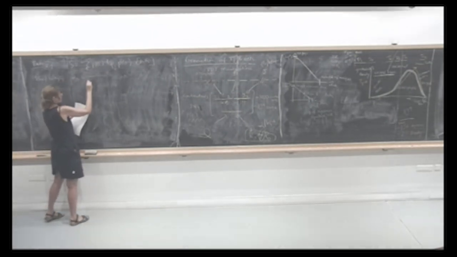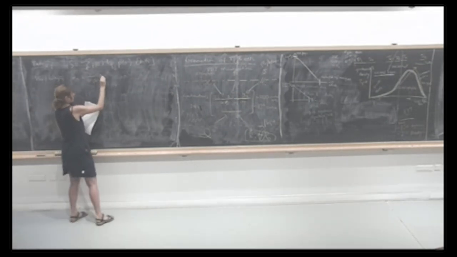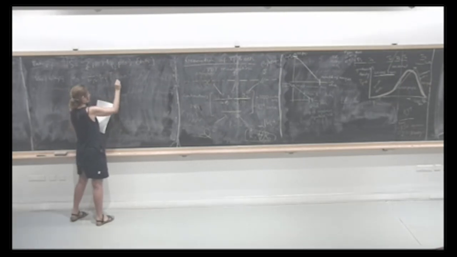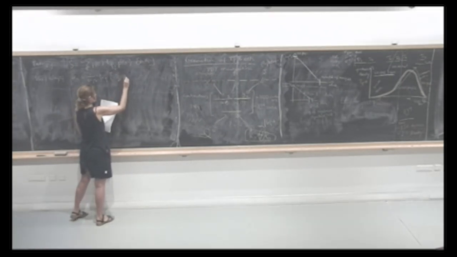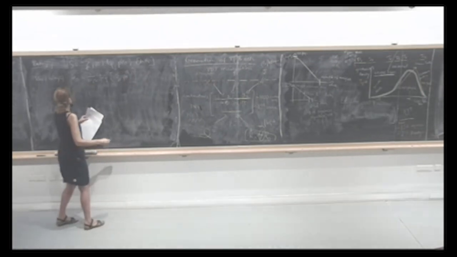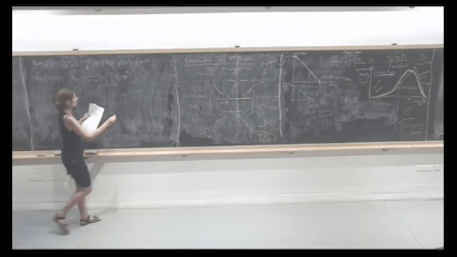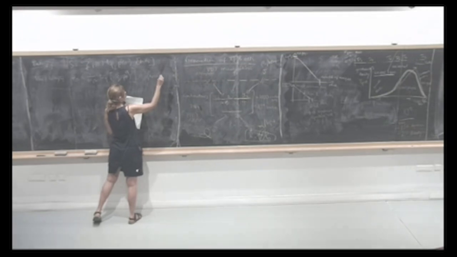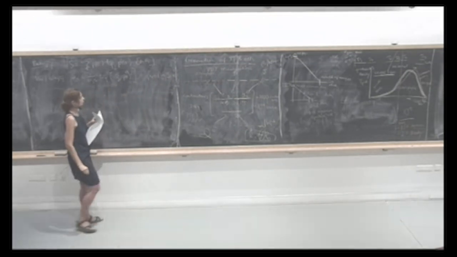This is just a side note. Use the same notation, P sigma to the beta. Okay. So if you take beta to 1, you recover the Shannon entropy.